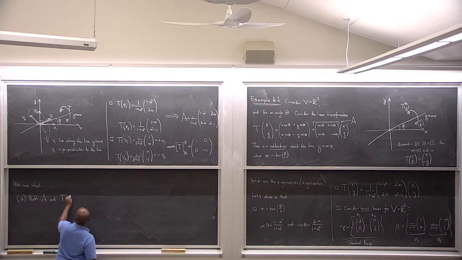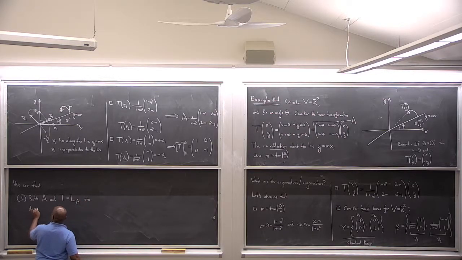Of course, T is just the same thing as left multiplication by A. Number two, this basis beta we actually found just from looking at the geometry here.